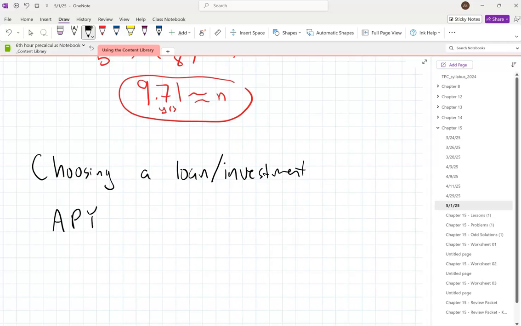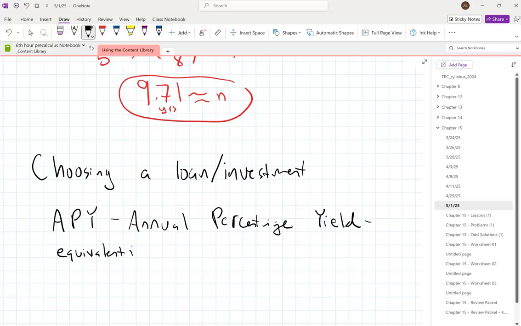which stands for annual percentage yield. And it's basically the equivalent interest rate if K is equal to 1.